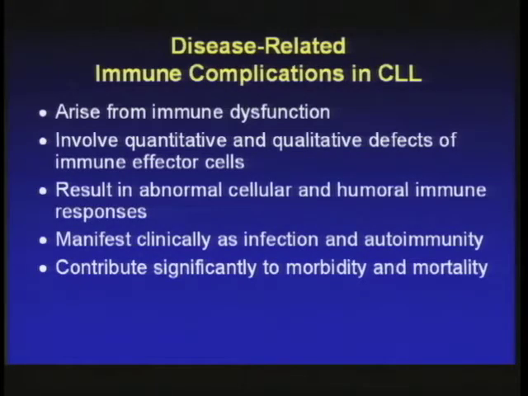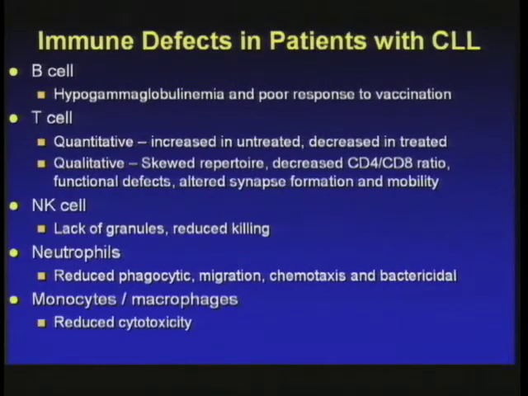So there are a number of different abnormalities that have been identified and characterized in patients with CLL, and those are what relate to and increase the patient's risk for infections.